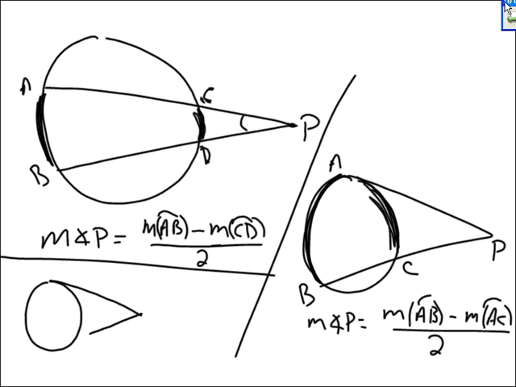If you have tangent, tangent, A, B. Now I want to say it's this arc AB minus this arc AB. Well, that's not very clear, so I put another couple of points.